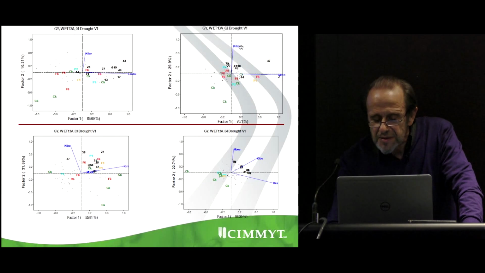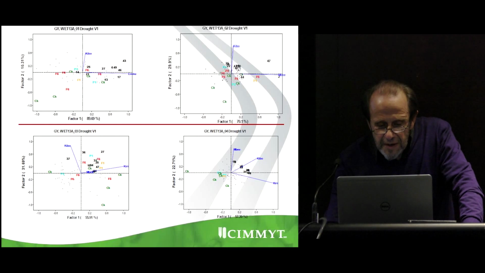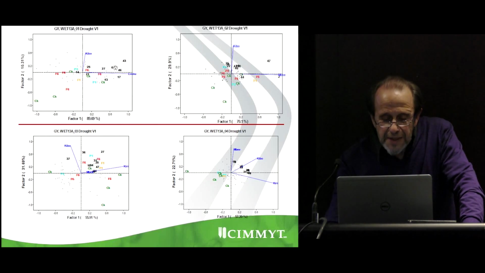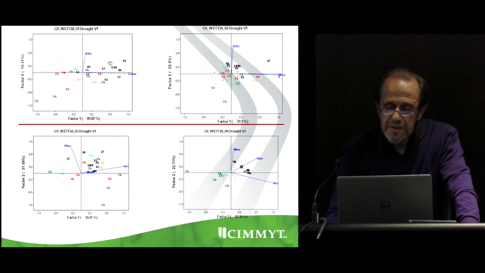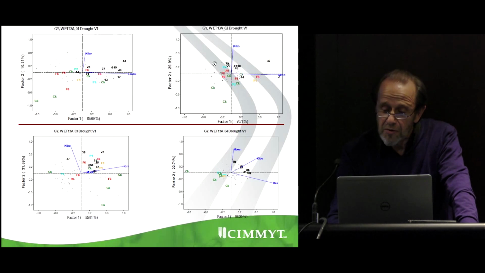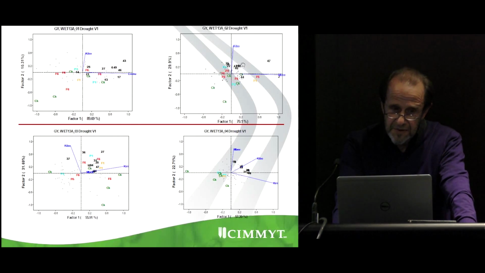You see, the black ones are the hybrids developed from the lines from marker selection. Always the best hybrids were coming from the lines from marker selection.